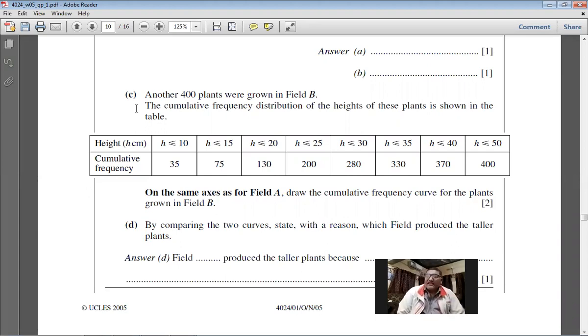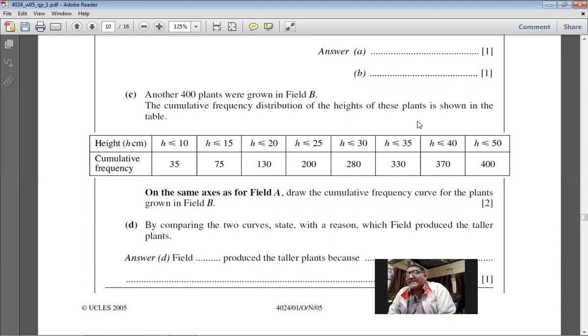So the plants less than or equal to 10, 35; less than or equal to 15, 75; less than or equal to 20, that's 130 plants; less than or equal to 25, 200 plants; less than or equal to 30, 280 plants; less than or equal to 35, 330 plants; less than or equal to 40, there are 370 plants; and less than or equal to 50 centimeters, there are 400 plants.